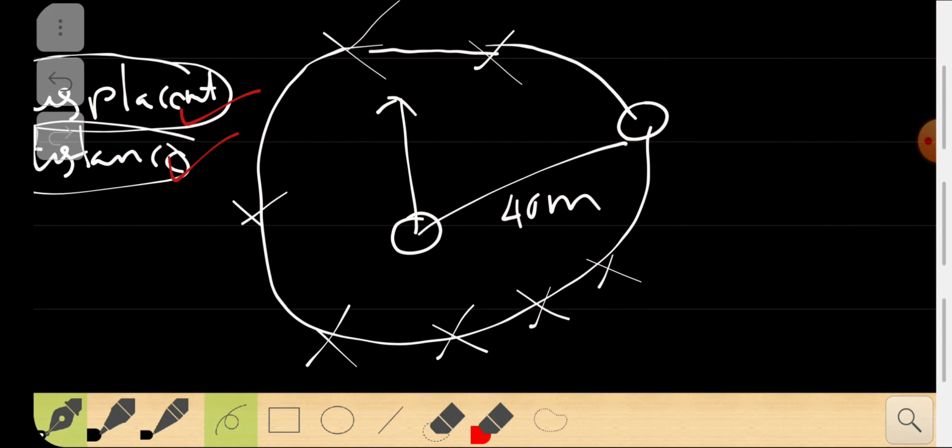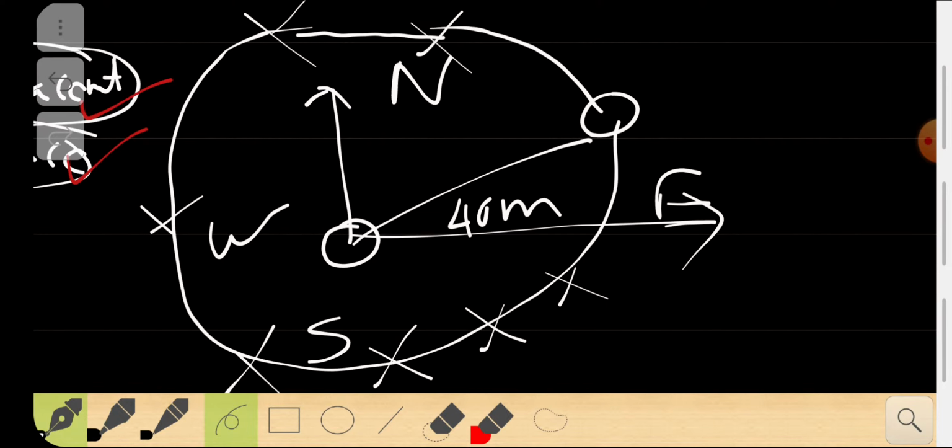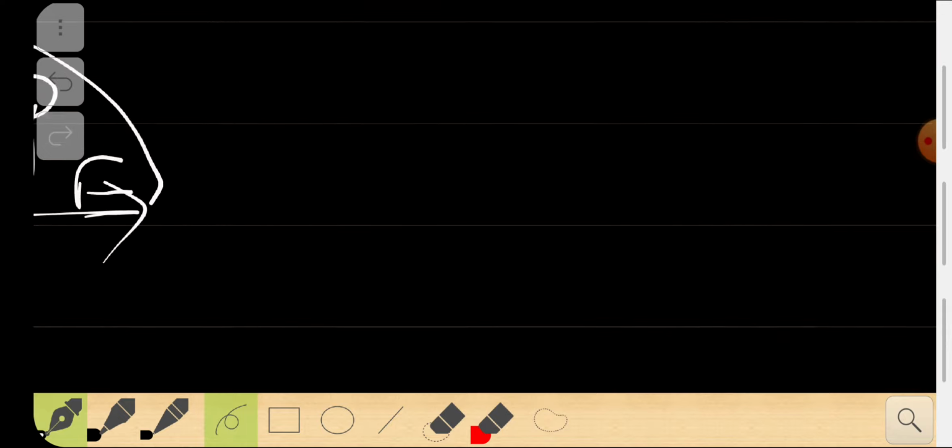So for pinpointing, you can add some value. You can say you are 40 meters northeast of your home. Even then, that is a part of a quadrant, right?